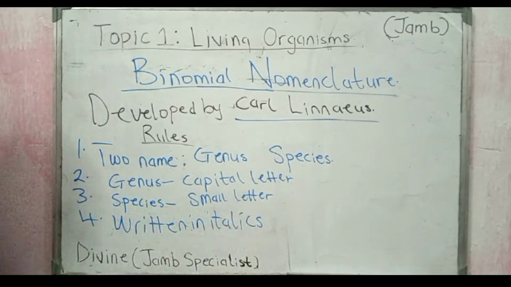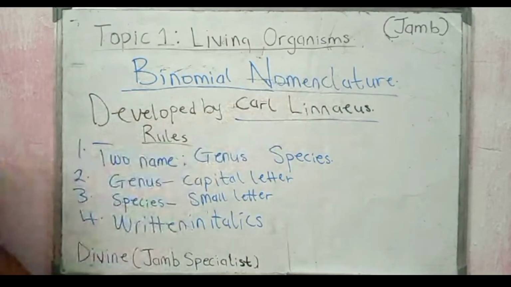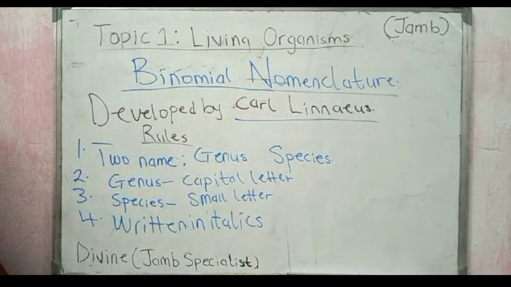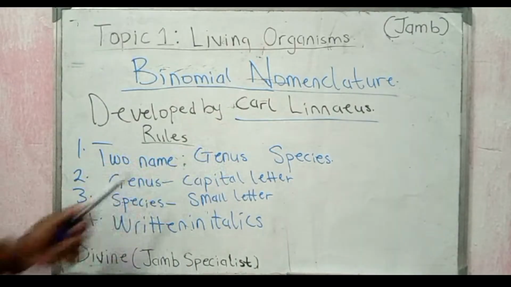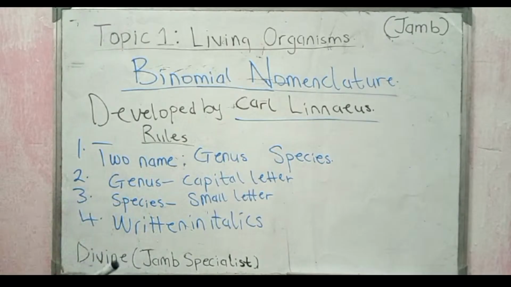So this is what Linnaeus said: that we must write it with genus and species. The genus is a capital letter and the species is a small letter, and it must be written in italics.